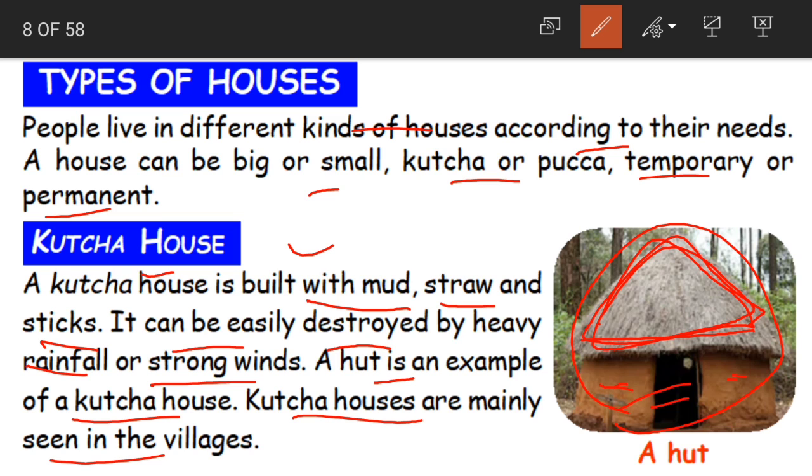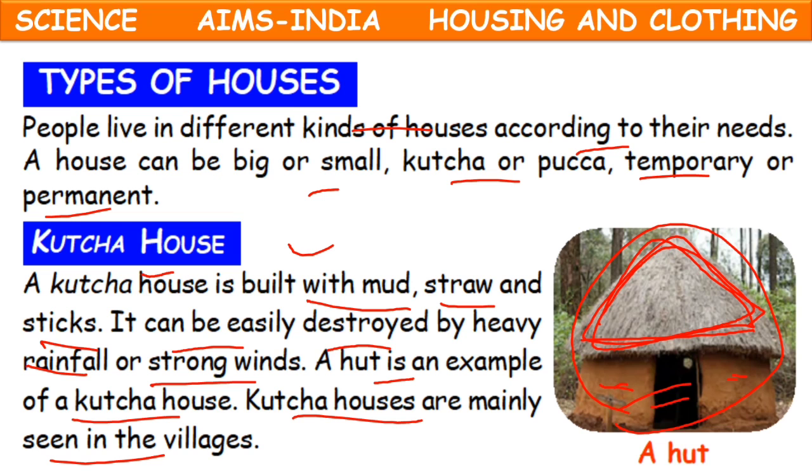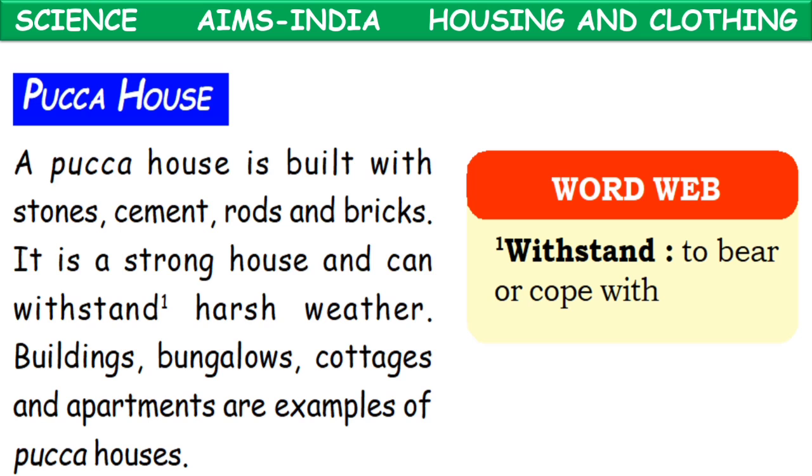So what is a kacha house? A kacha house is a house which is built with mud, straw and sticks, and it can be easily destroyed by heavy rainfall or strong winds. And what is an example of a kacha house? Hut.